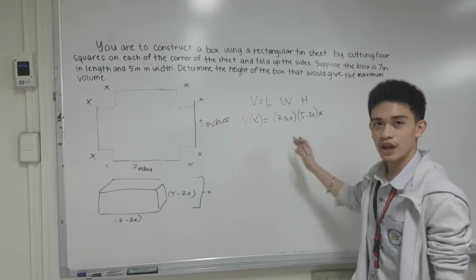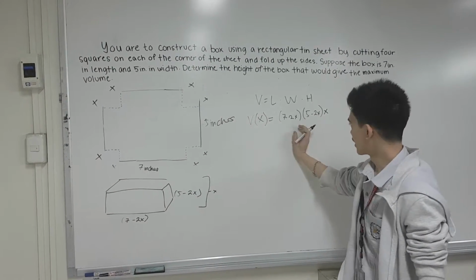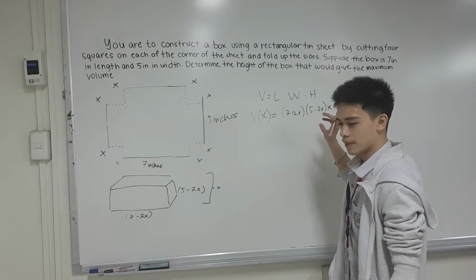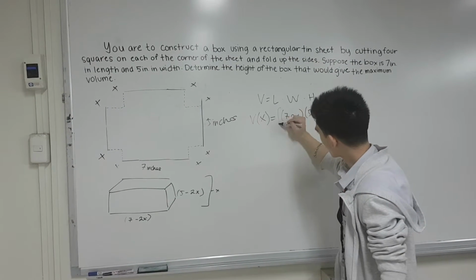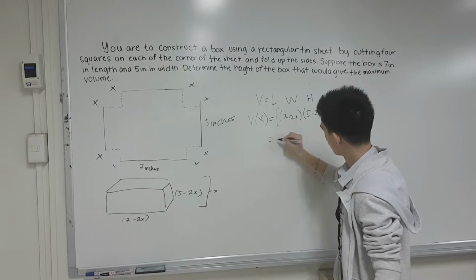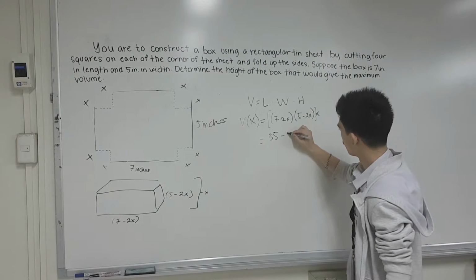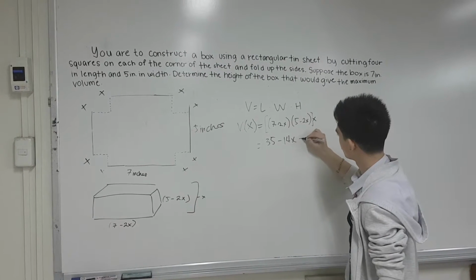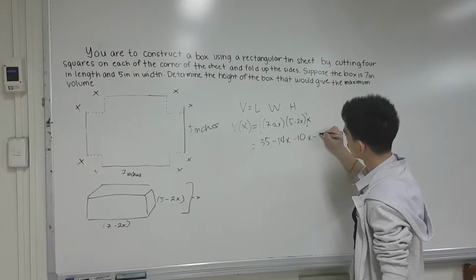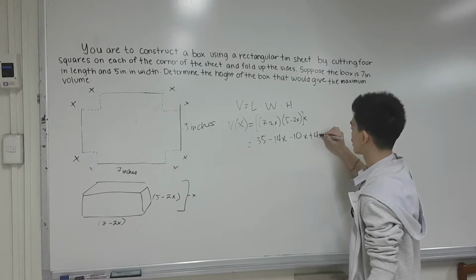In order to solve this, you have to multiply within the brackets. Therefore, it would appear as 35 minus 14x minus 10x plus 4x squared.